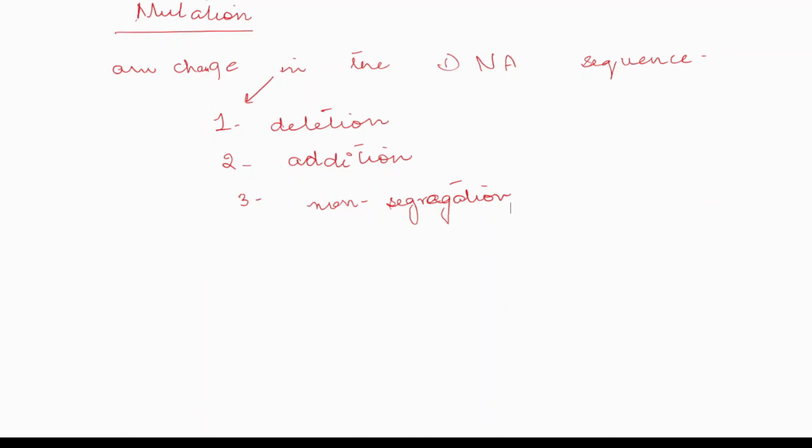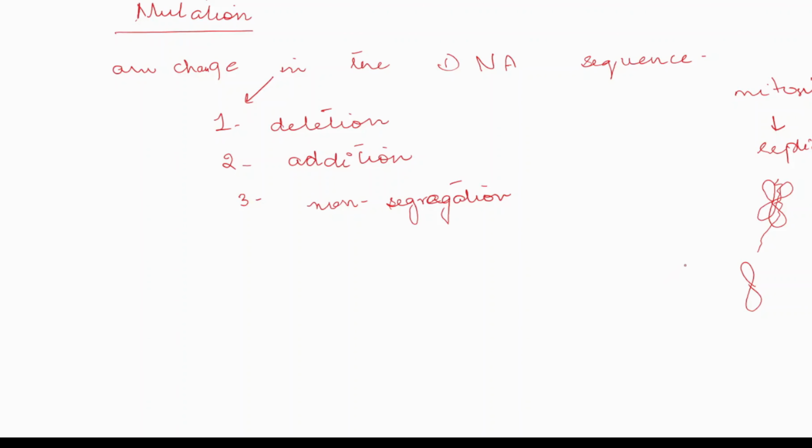Maybe due to some reason, in mitosis what happens, the chromosomes replicate or DNA replicates, so there is a copy of DNA. This copy should get separated and these chromosomes should be separated, right?